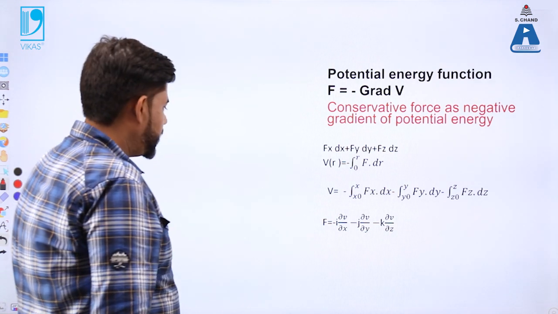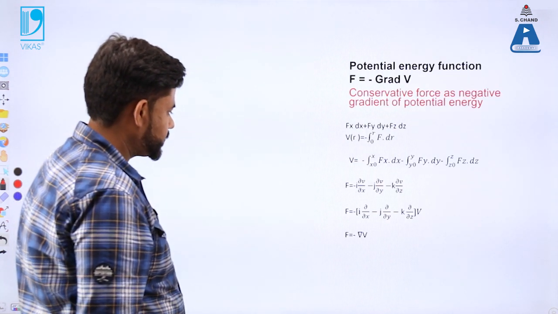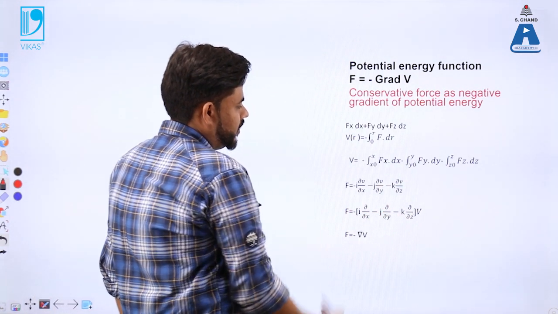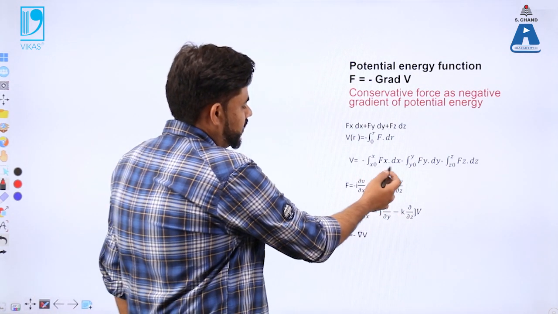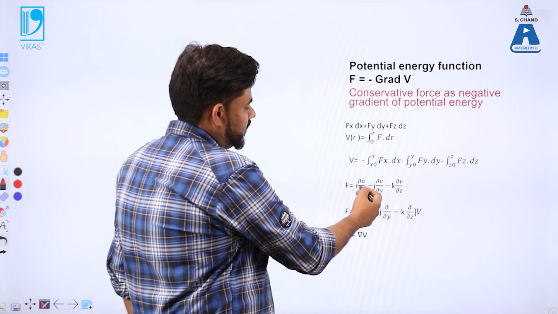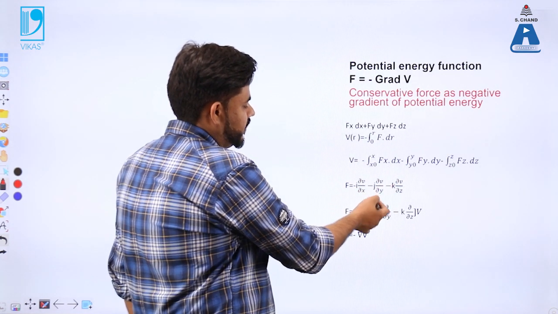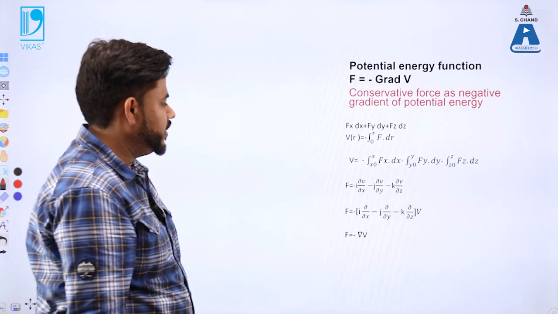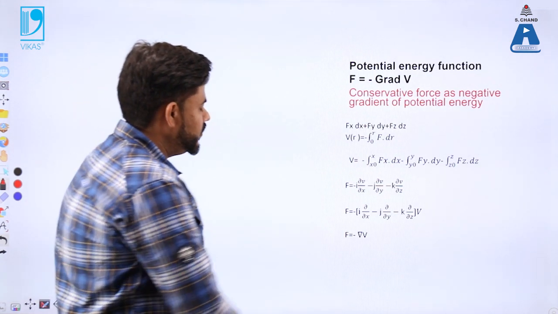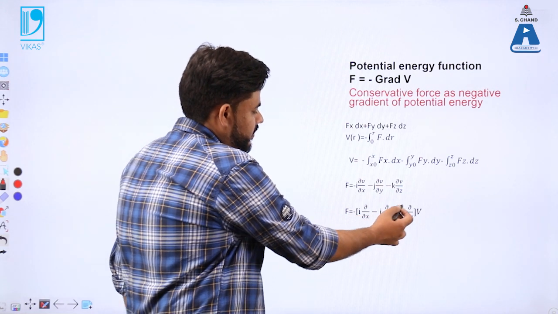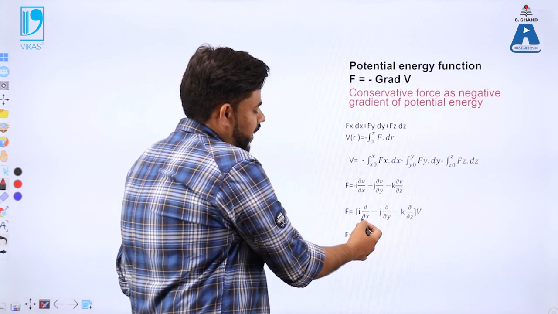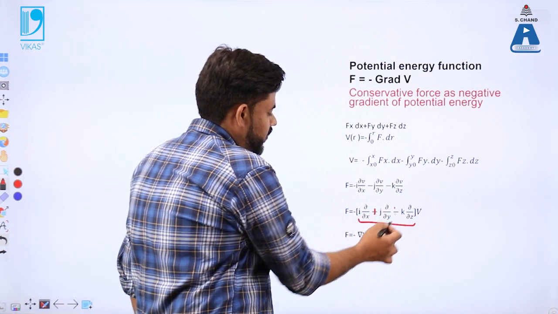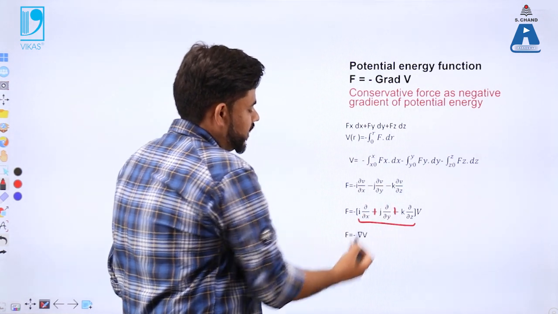So what I will do, I can take this i as common, because this component can be written as the derivative of this potential energy. So I can take this V as common, and this minus is also common, and this particular thing is called del.